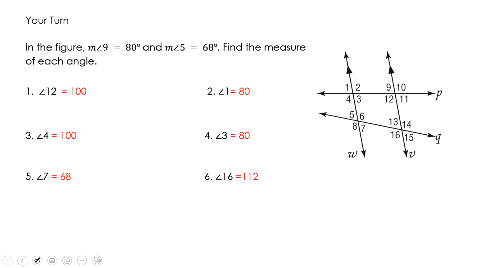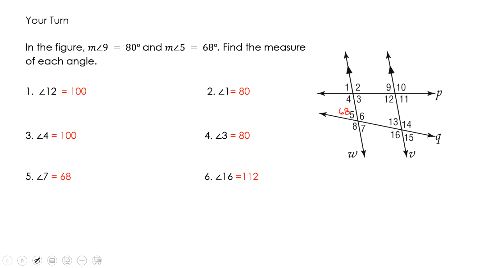Angle 4 kind of works out. It's the corresponding angle to angle 12, which we already said was 100. So then that one has to be 100. And angle 3, again, vertical angle to 1, makes that 80. So it kind of worked that one backwards the way I explained it out, but that's how we got that. So then they tell us angle 5 was 68, so that makes this 68.